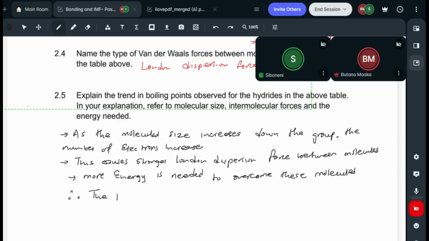And it increases where? Down the group. Are you happy with this answer?